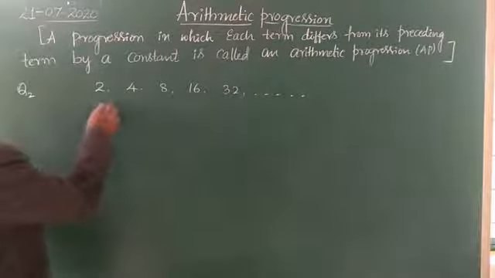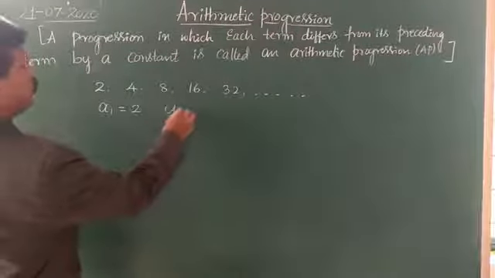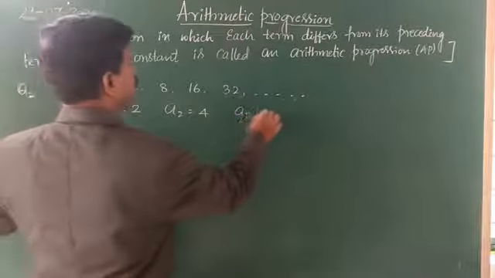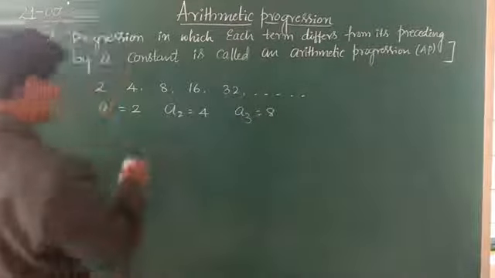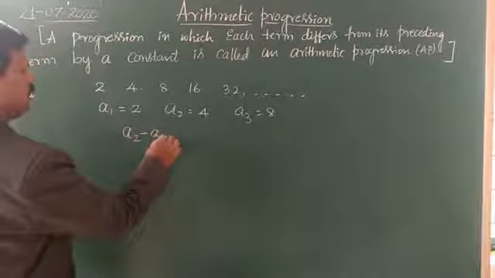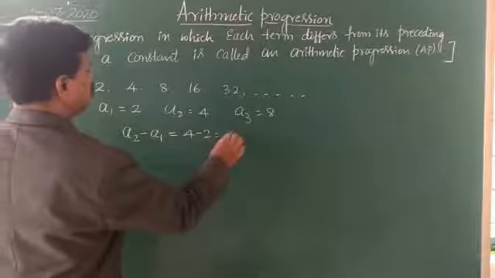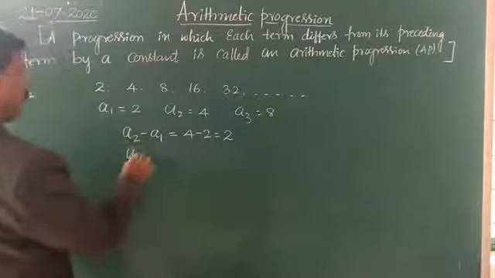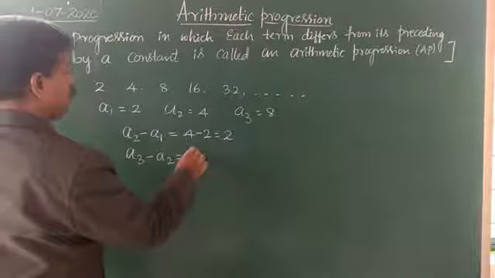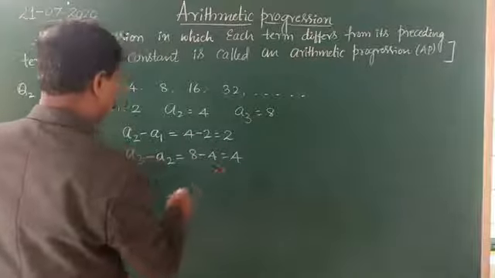Let us take A1 equals 2, A2 equals 4, A3 equals 8. Now just take two terms: A2 minus A1 equals 4 minus 2, that is equal to 2. Then A3 minus A2 equals 8 minus 4, equals 4.